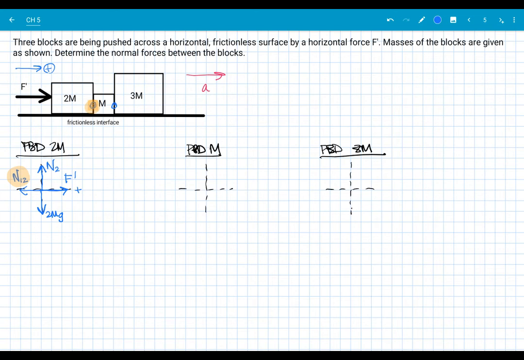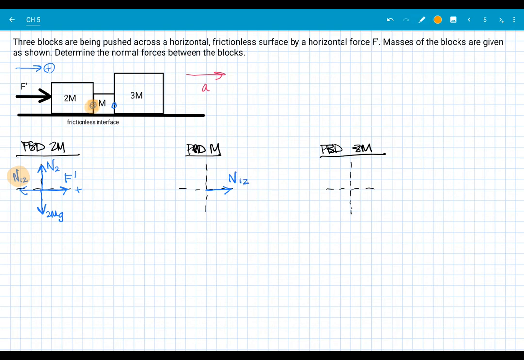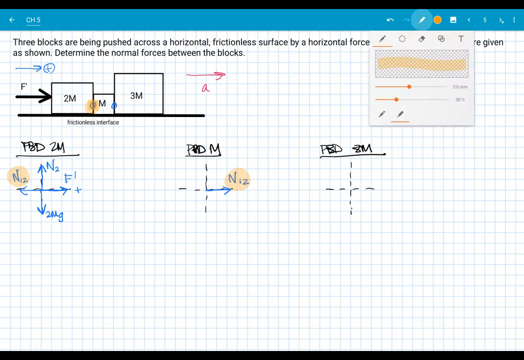So now I'll go to the M block. What's in contact with that? Well, it's in contact with the 2M block, but now that force N12 is directed to the right. So I have directed to the right, N12. And if I were to highlight that, it would also be highlighted in this orange color as it relates to the interface between blocks M and 2M.